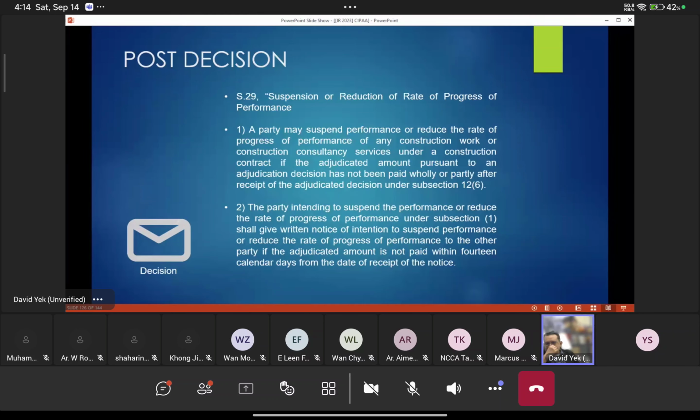Or it can be suspension or reduction of work. Once you have the enforcement, the aggrieved party can actually stop work on site, or reduce their work on site.